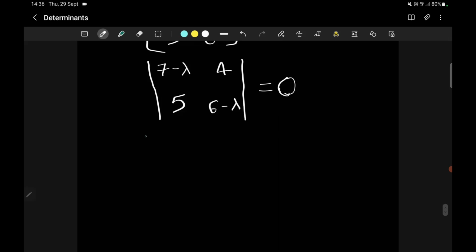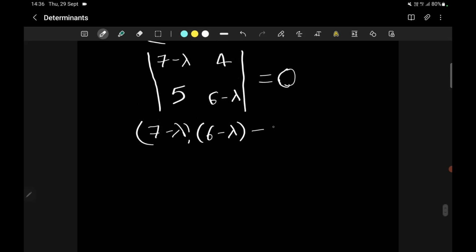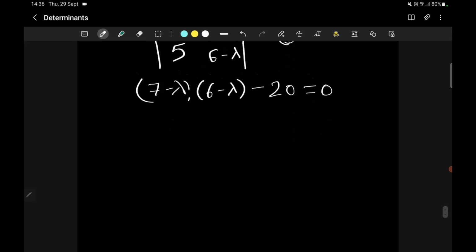Now let's simplify this. If you multiply these two terms, 7 minus lambda into 6 minus lambda minus 5 into 4 is 20 equals to 0. Now we'll simplify this. You have to multiply this term with this term, then this term with this term, then again this term with this term, and lastly this term with this term.